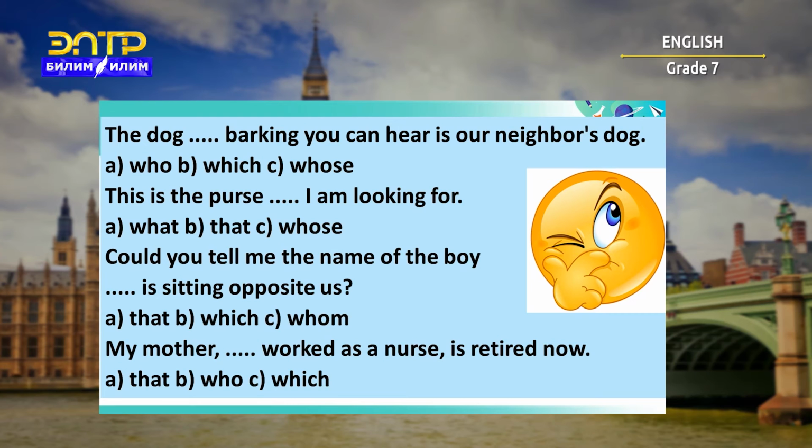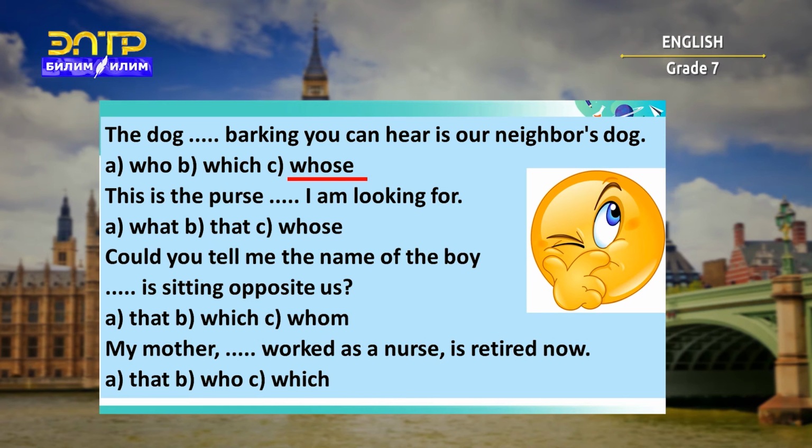Time is up. Have you finished? Let's compare your answers. So the first sentence, the dog who's barking you can hear is our neighbor's dog. And the right answer here is C, whose.